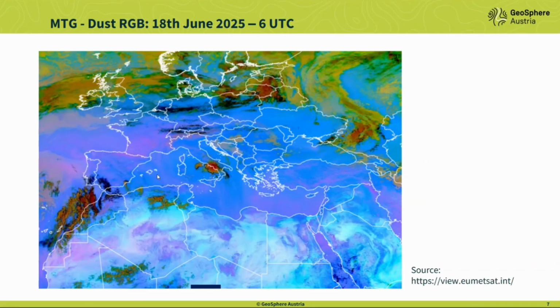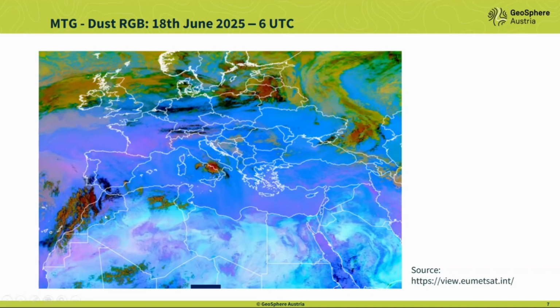How would the dust look like? If you don't know, it would be like pinkish features. Probably here we have some dust in the air, but it's not that pronounced. The dust RGB can be used, as the name implies, for the detection of dust, but also for the detection of thin cirrus.